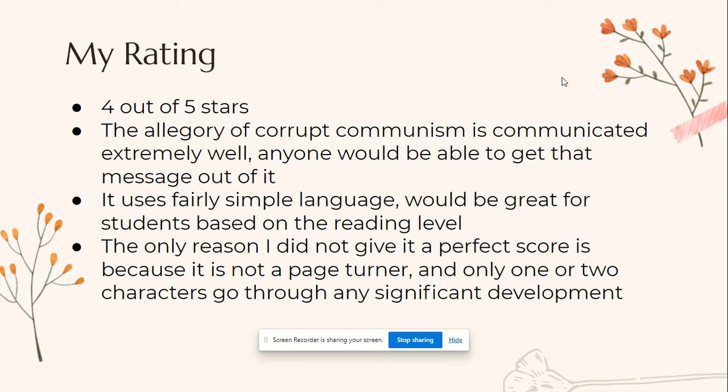It is extremely obvious from the start what it is going to be about and the message it's trying to send. It also uses fairly simple language, so that would make it a great choice for middle school students based on the reading level. The only reason I don't give it a perfect score is because it's not really a page turner. It's not the most exciting book, and there's only one or two characters that go through any significant development. But as far as theme and message goes, it is 10 out of 10.